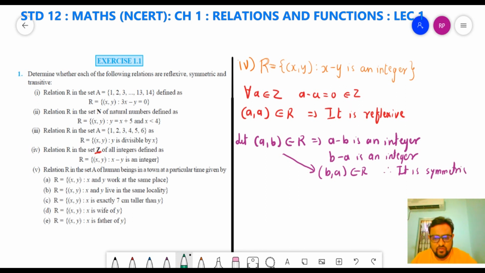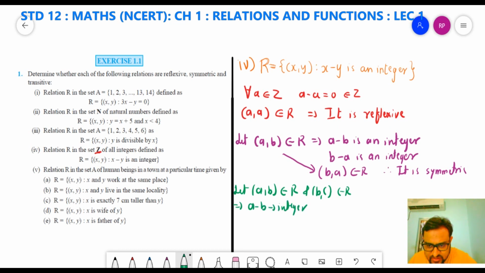Okay. Now for the third, let AB belong to R and BC belong to R. So what does this mean? A minus B is an integer, B minus C is an integer. Clear? Now just add these two.